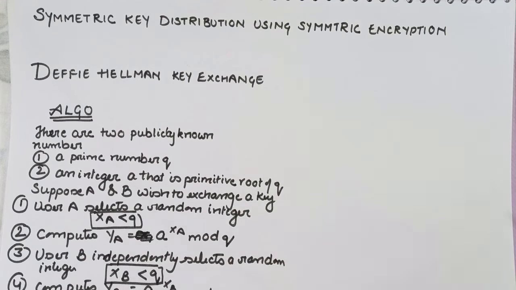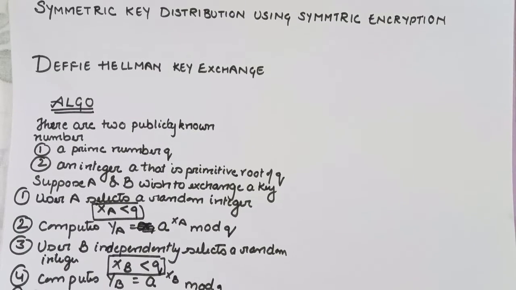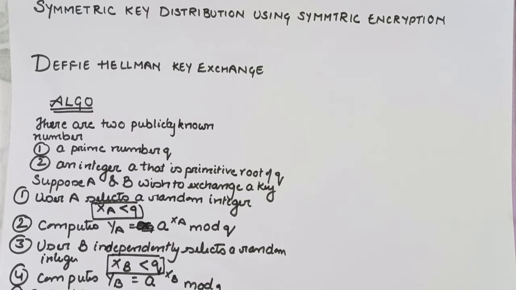Moving ahead to my next topic: symmetric key distribution using symmetric encryption. We've already studied symmetric key distribution. If you remember, in the last video I talked about how it is done. I told you there were 3 methods.